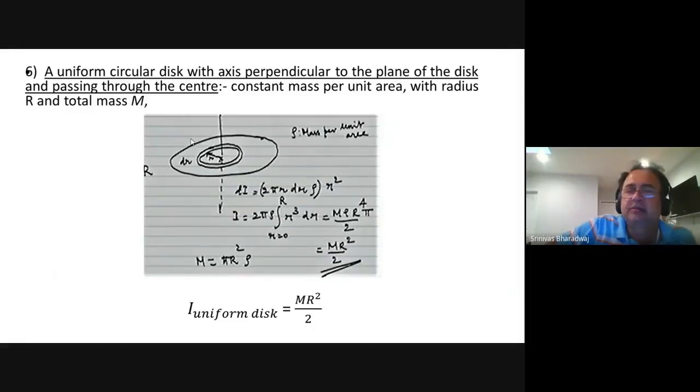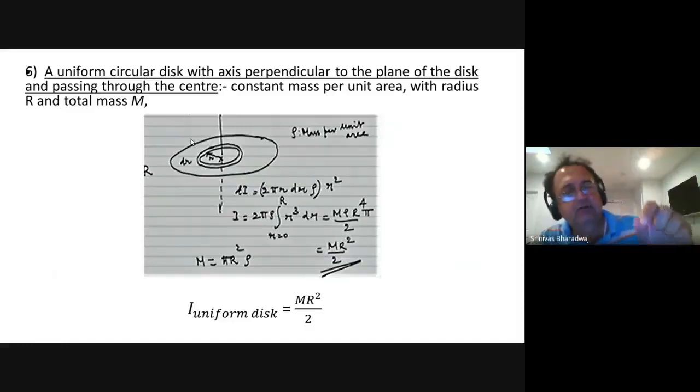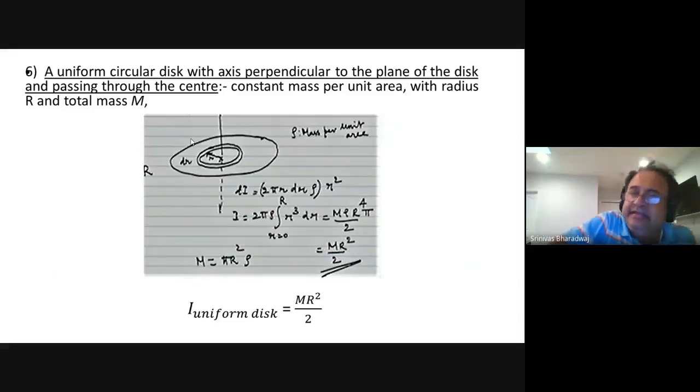Rho times 2 pi r dr gives you the mass, and all those particles in that thin disk are at a distance r. Therefore dI equals 2 pi r dr rho times r square, so you end up with r cubed dr integrated from 0 to r, which gives r to the power of 4 by 4.